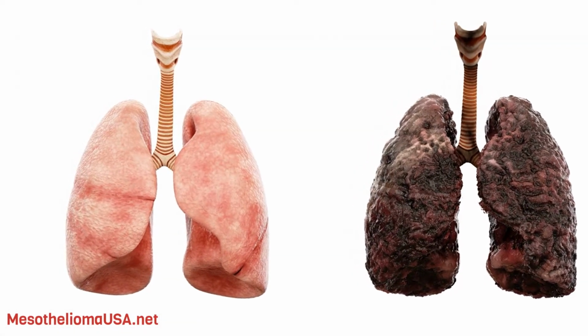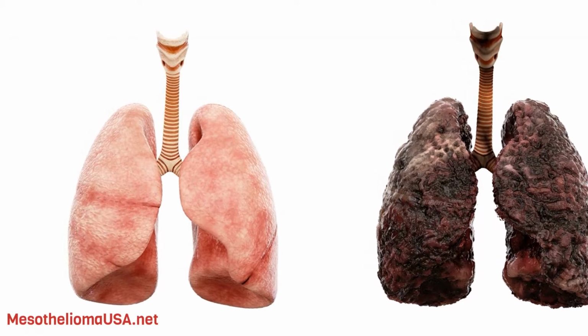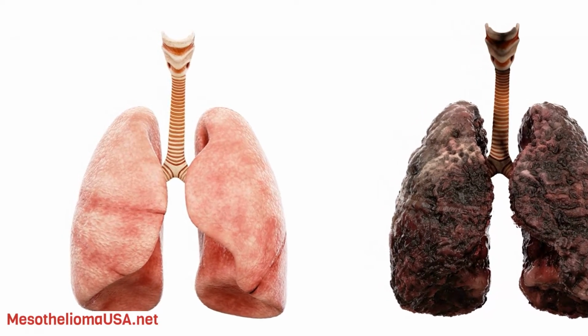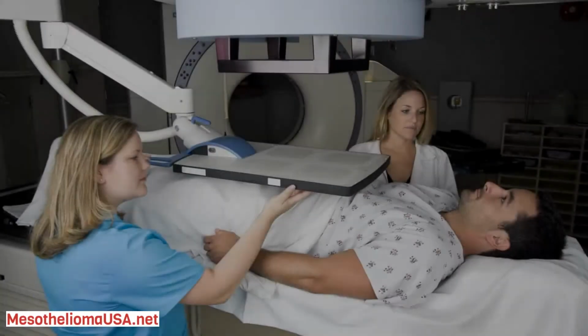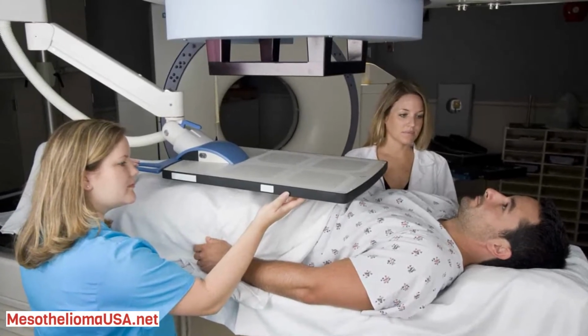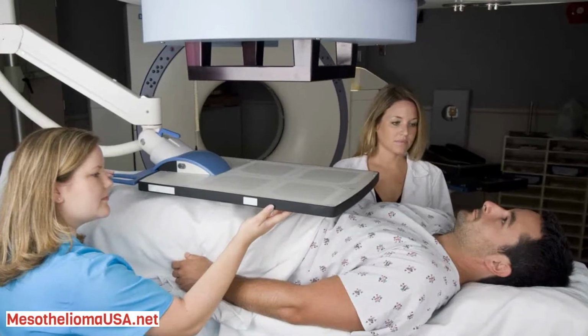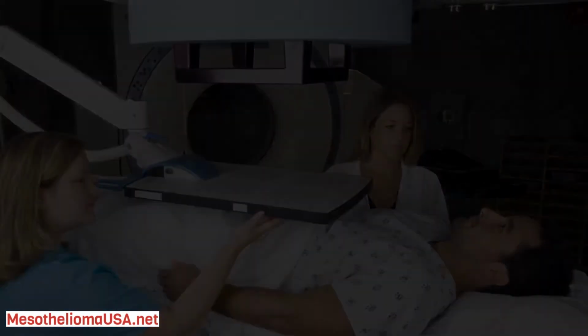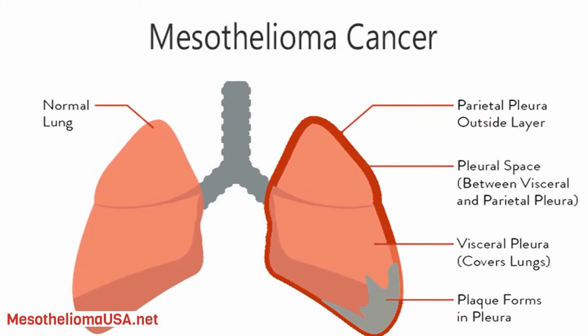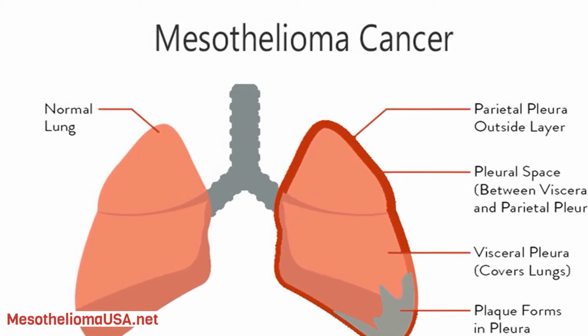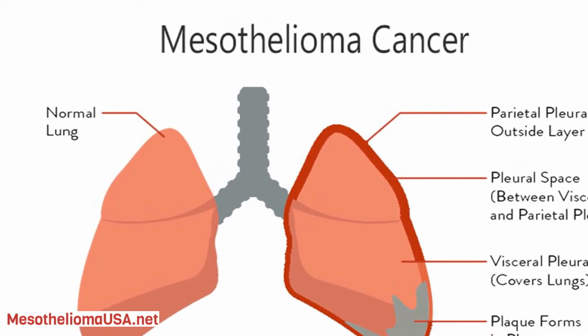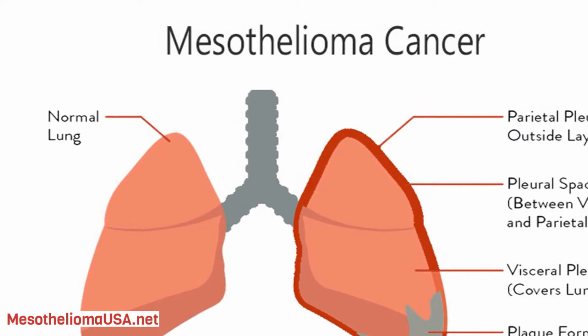A laparoscopy may be recommended for obtaining a peritoneal mesothelioma sample. Mediastinoscopy. A mediastinoscope is used to look at the mediastinum, or the space between the sternum and middle of the chest. A mediastinoscopy may be performed if pericardial mesothelioma is suspected or if the cancer has spread to the chest.